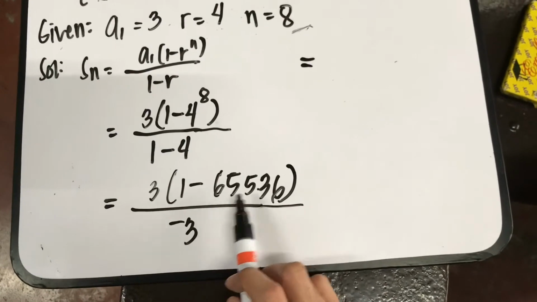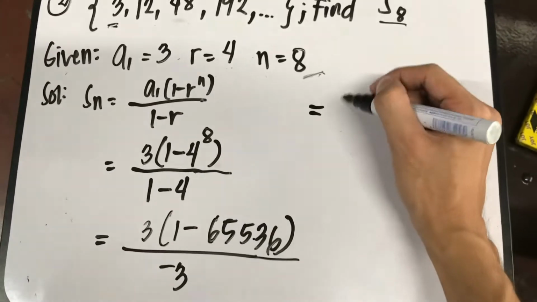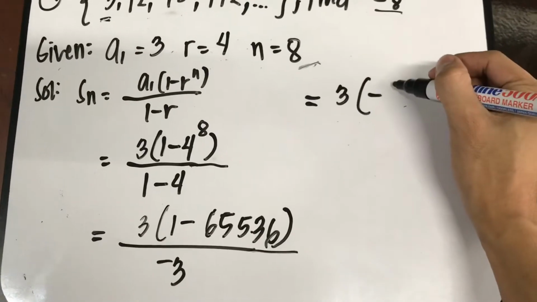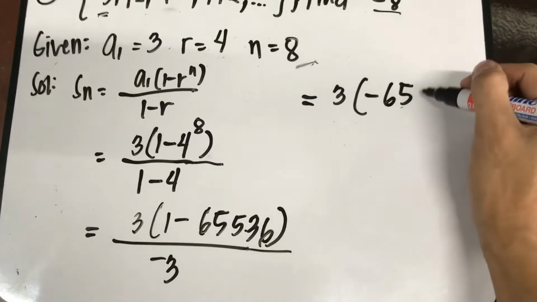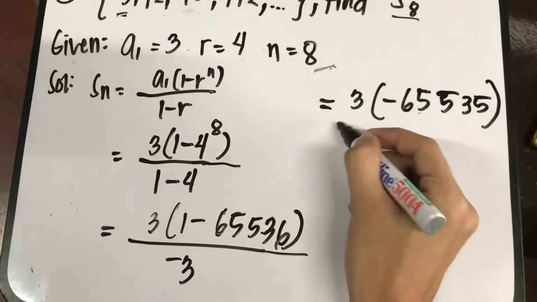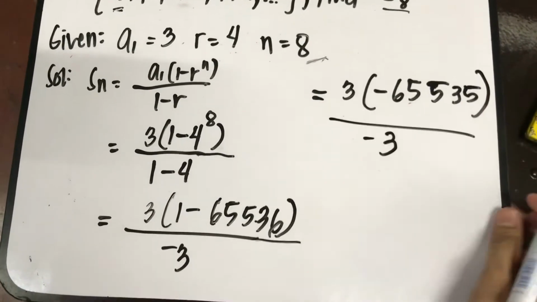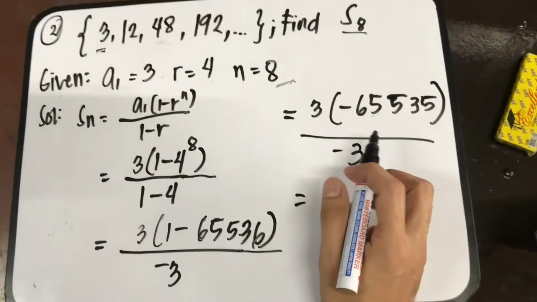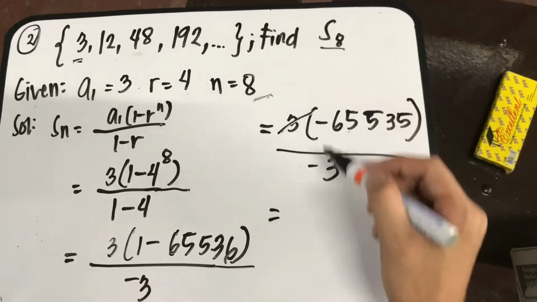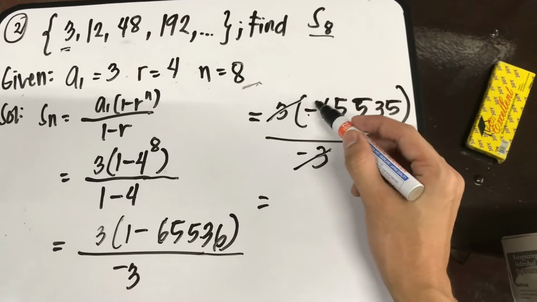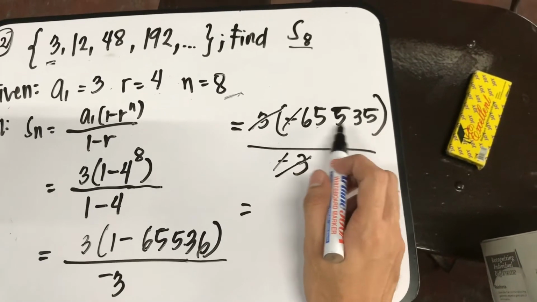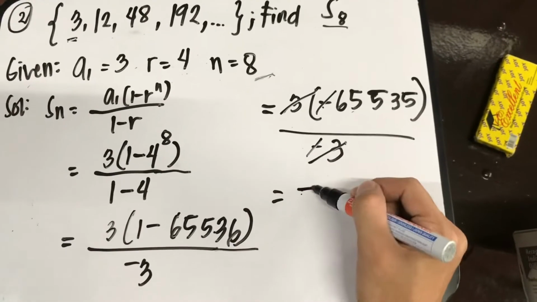So, 1 minus 65,536, obviously, that is negative 65,535, divided by negative 3. So, kung mapapansin natin, merong common sa numerator and denominator, i-cancel na natin yan. And yung negative, so we have 65,535.